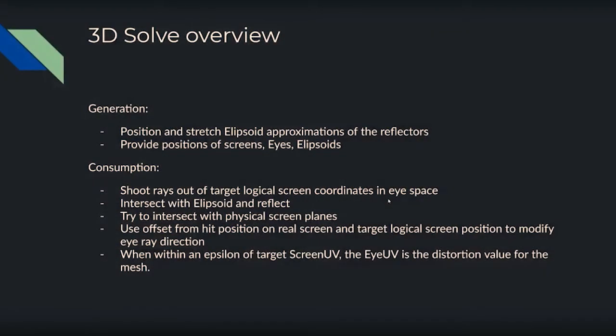If that all intersects, you can use the delta between where in the display you hit in the scene versus what position on the display you're attempting to hit with this ray, and modify it iteratively until you get within a delta of the target.